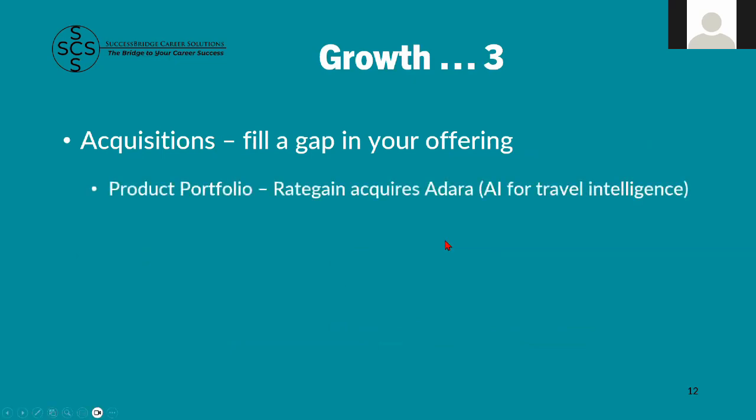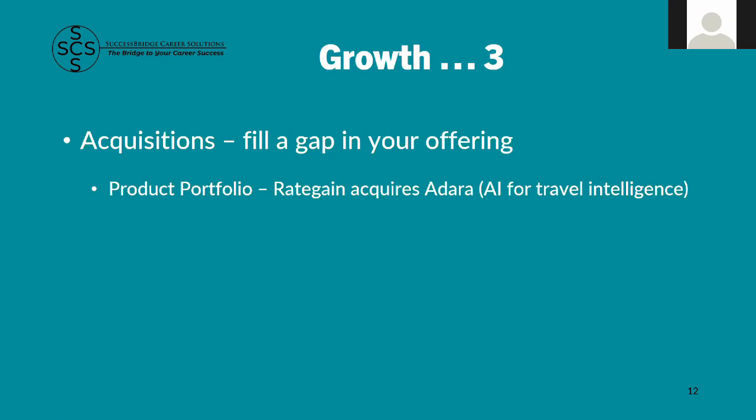There's a company called RateGain, which makes software. It's a SaaS software maker in the travel and hospitality segment. They acquired a company called Adara. RateGain makes software that helps hotels, airlines, rental car companies, etc., have a better view of their potential customers.